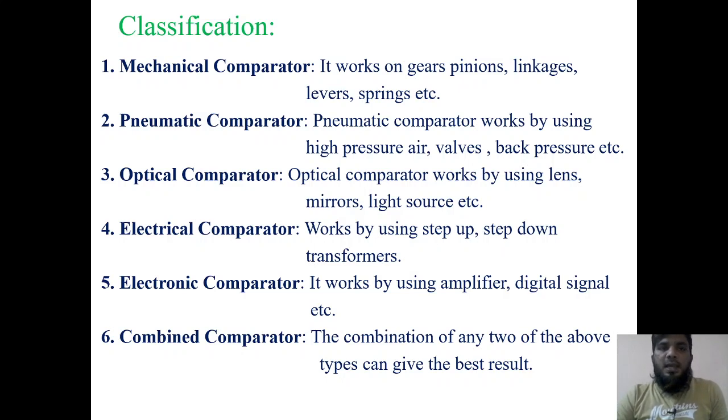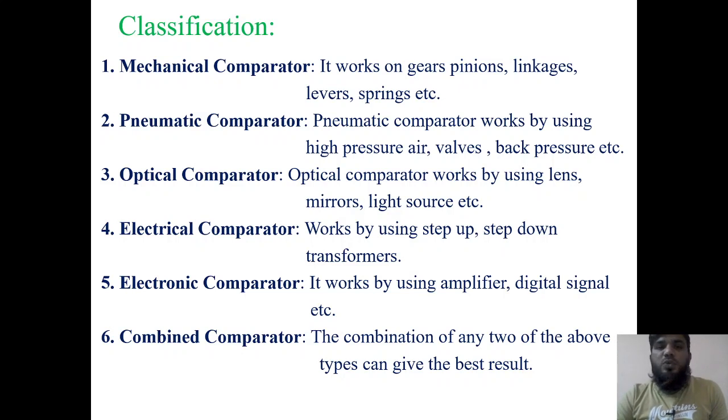One is mechanical comparators, second is pneumatic comparators, third is optical comparators, fourth is electrical comparators, fifth is electronic comparators, and next is combined comparators. The first is mechanical comparators. In this, the main mechanism on which the comparator works is the usage of gears, pins, linkages, levers, and springs.